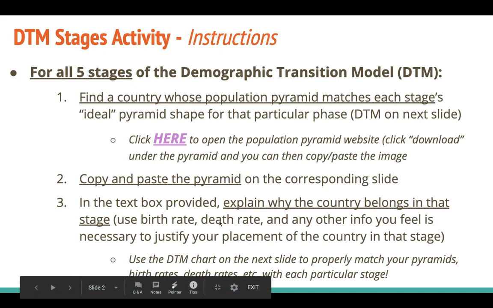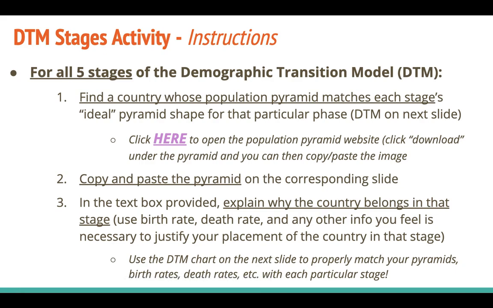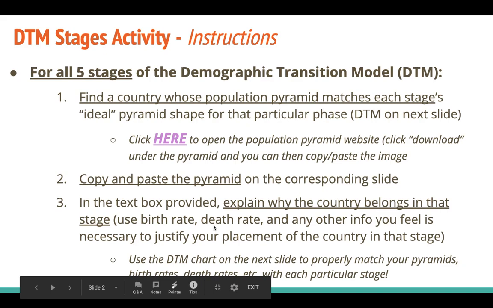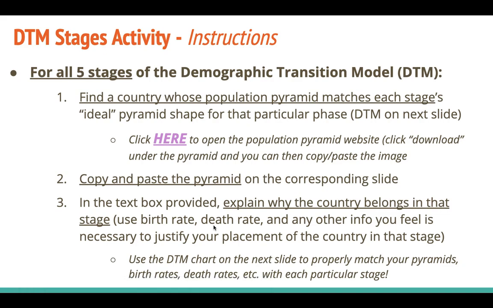Those are typically going to be your go-to statistics for DTM stages. Those together also give you natural increase rate. So between birth rate and death rate, we can get natural increase rate. It gives you enough information to properly place that particular country's population pyramid on one of those development stages, in one of those phases on our DTM chart.